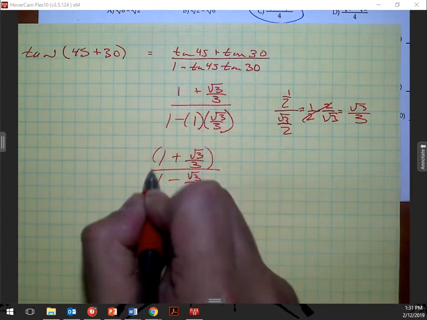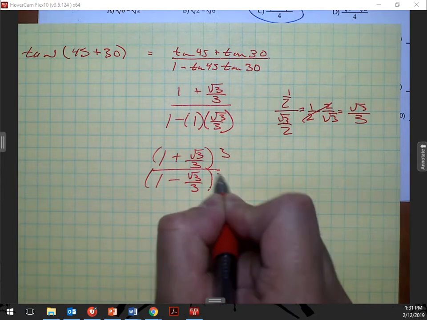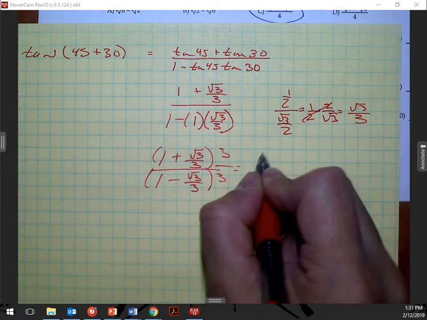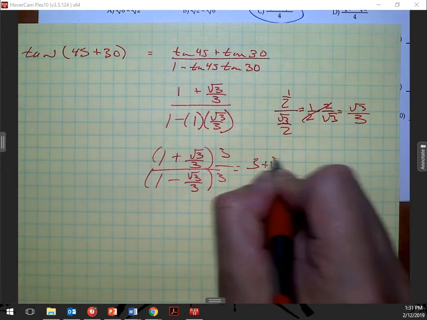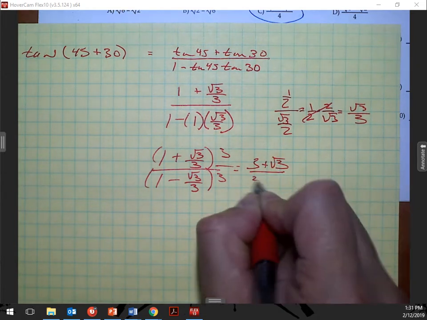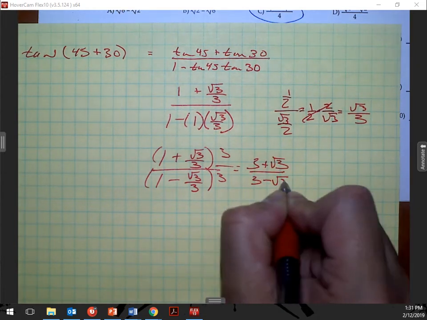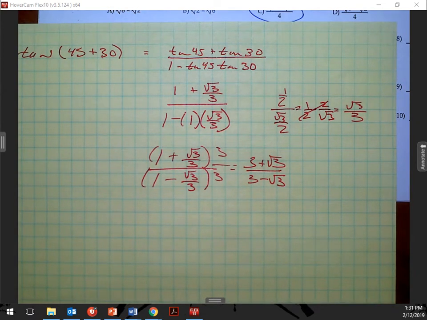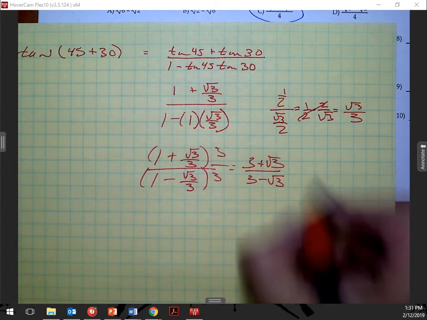So I'm going to multiply top and bottom by 3. Distribute. So it's going to be 3 plus rad 3 over 3 minus rad 3. Okay? So, am I done? No, because I still have a radical in the denominator, right? So I have to rationalize that.